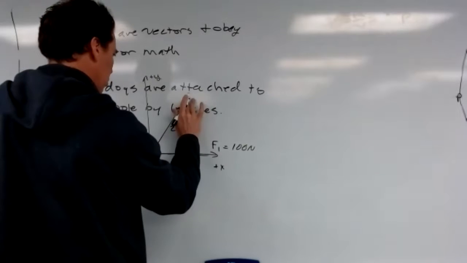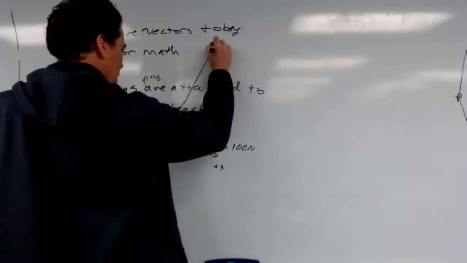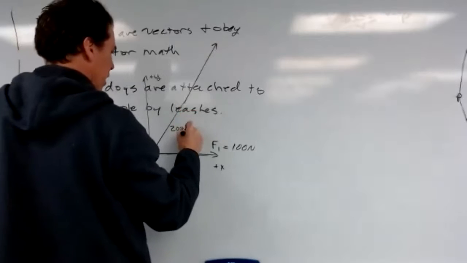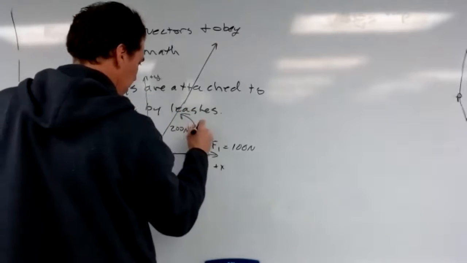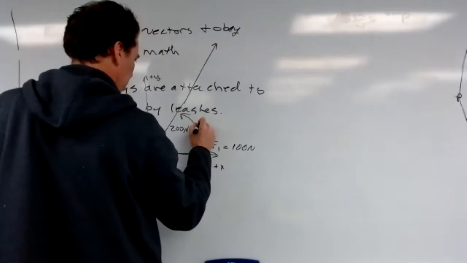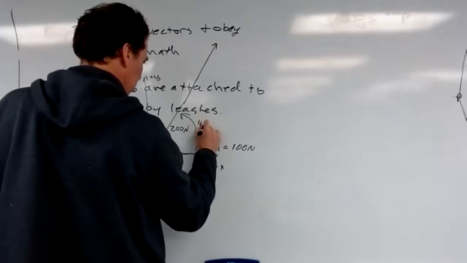I'm going to try to make that a little more to scale, so it looks twice as big, at an angle of, let's pick a number, how about 45 degrees?